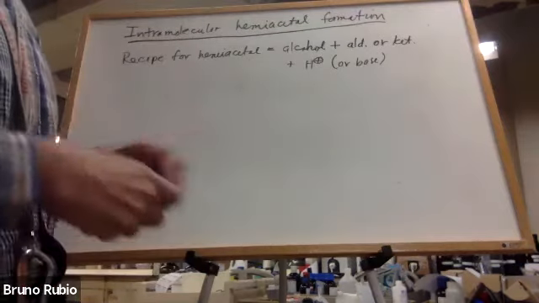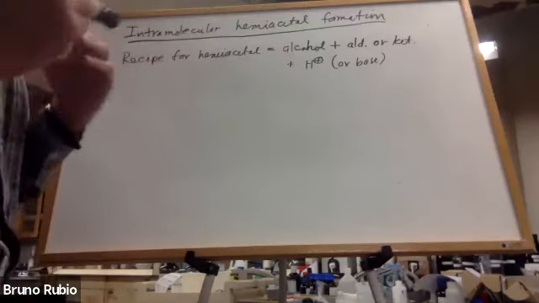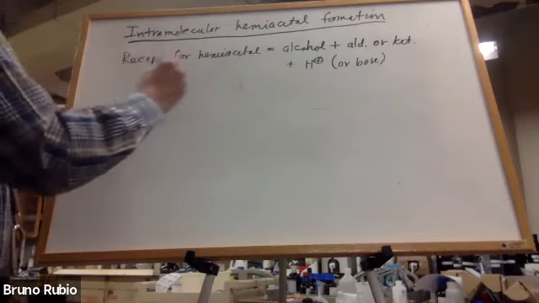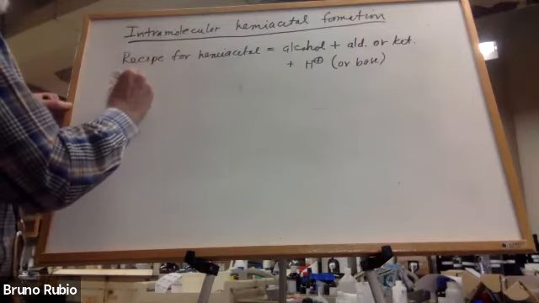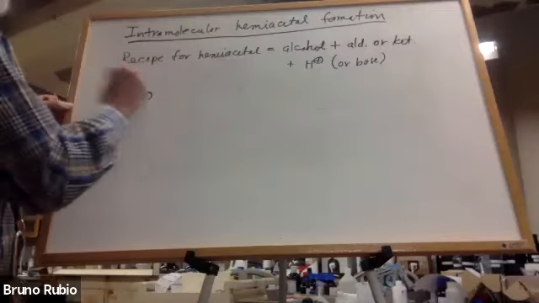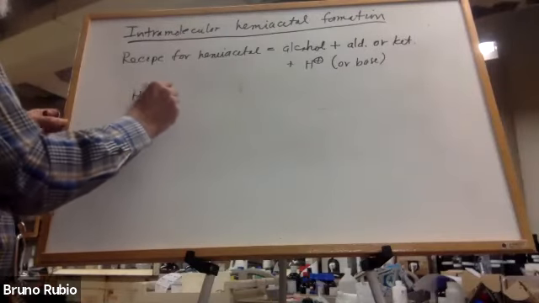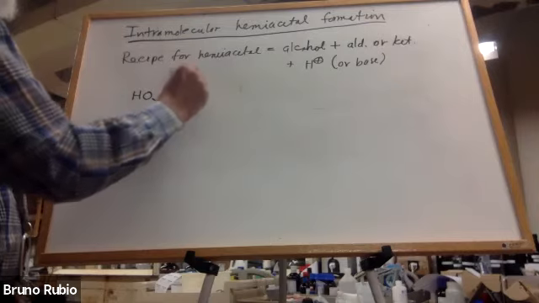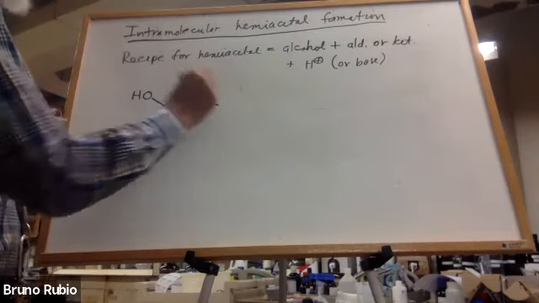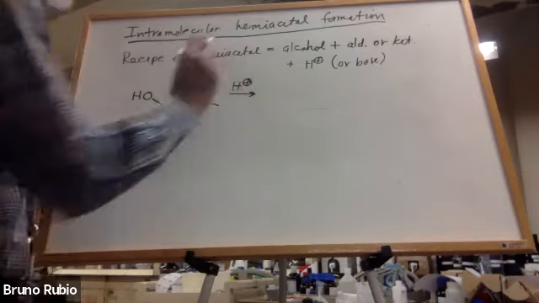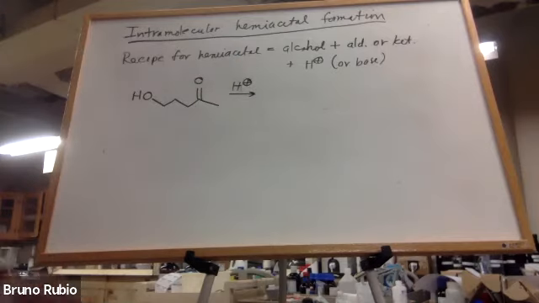This is where we're going to have intramolecular hemiacetal formation. Okay, so let me give you an example here. There's an alcohol, and here's a ketone, and here's acid. Oh, that's the recipe for a hemiacetal.